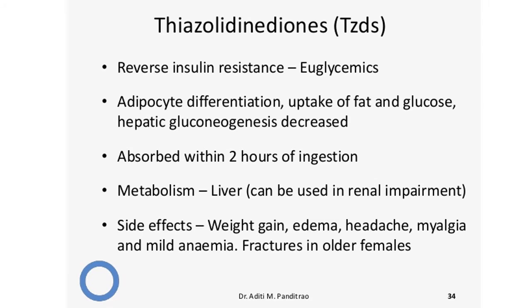They are metabolized in the liver, so should be used cautiously in liver impairment and renal impairment. They usually cause weight gain because of adipocyte differentiation. So the patients may gain weight, and similarly edema, headache, myalgia and mild anemia. In older females, there is a problem that they may experience fractures.